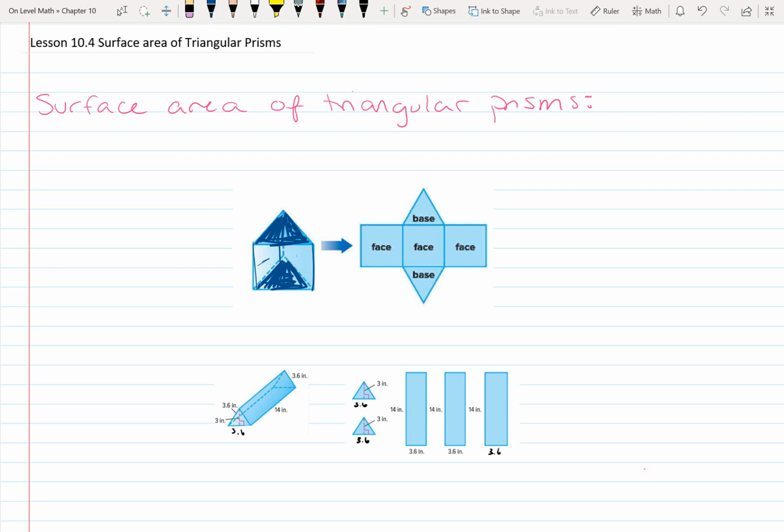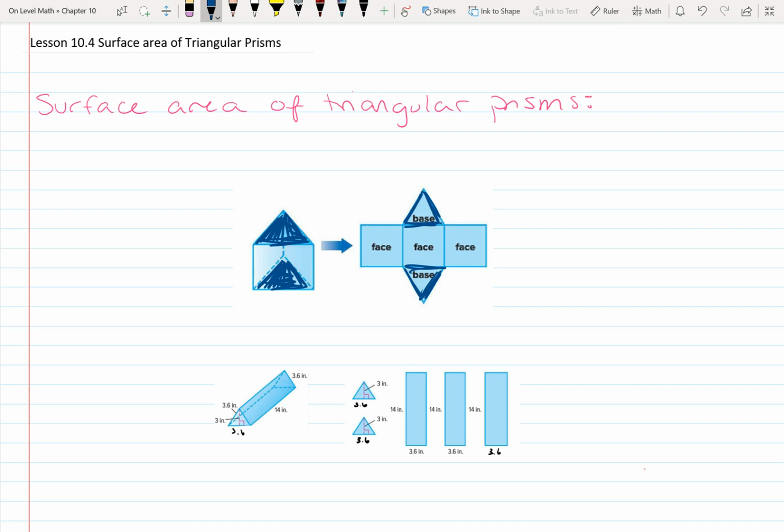Now, if we were to make a net of this triangular prism, it would look like what we've got over here on the right. So we've got our bases, so our triangles here, which I've already colored on the left. And then we've got each of our 3 faces, or the sides that connect the bases.